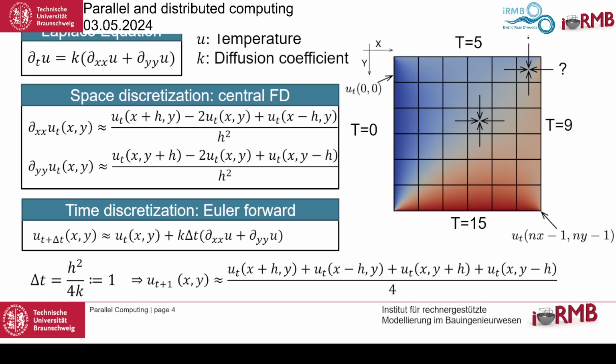If you have a derivative in time, then usually you only know the past and not the future. This is why here we use a one-sided finite difference.